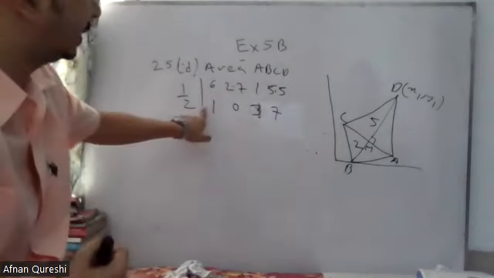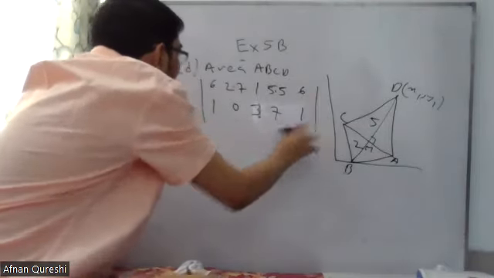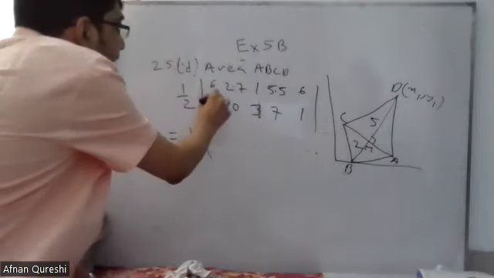And then whatever I started off with, the coordinates of A, I have to write that in again. So this is how I'm going to proceed. Half.